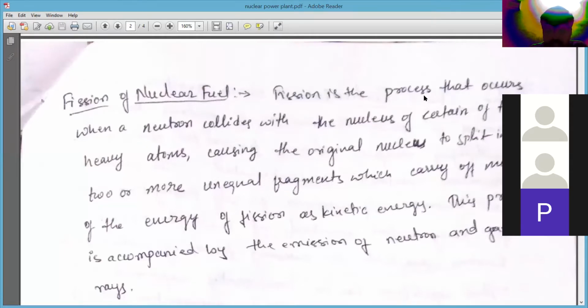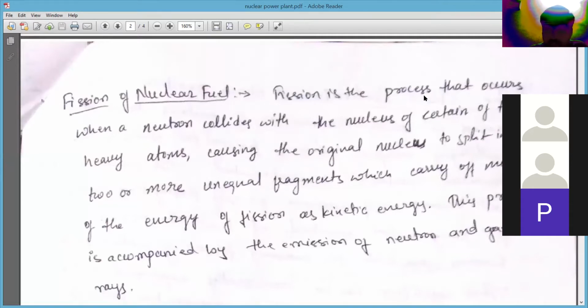That is called the fission reaction. Fission is nothing but bombarding a nucleus with a neutron, so the nucleus splits. One heavy atom splits into two or more atoms. In that process, the fission fragments have kinetic energy, so it releases a large amount of heat.